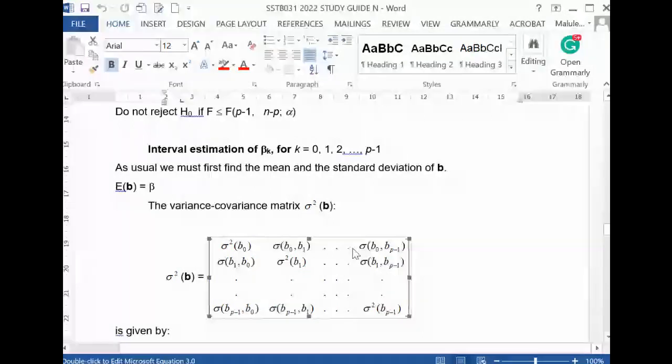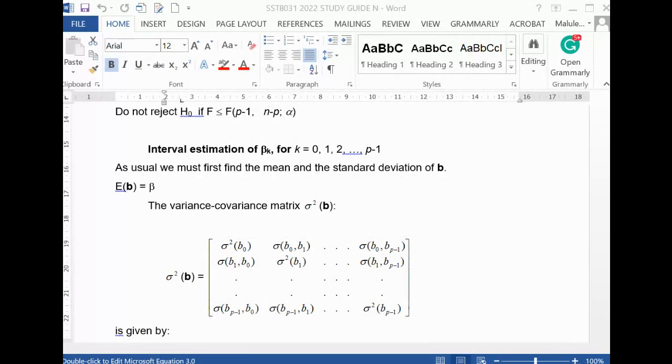And if you are given two independent variables, you can also have the covariance between B1 and B2, the covariance between B0 and B1 and B2, and so forth. So you must know the meaning of the other things here. If I ask you to find the covariance of B1, B2, you must know what I'm referring to. You must be able to find that.